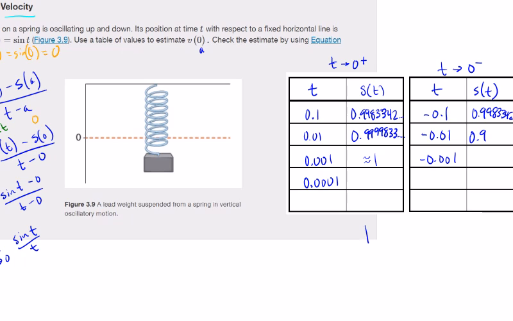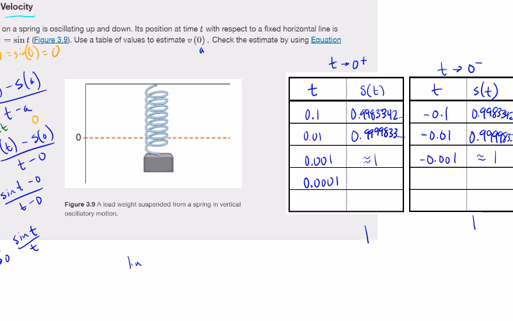So we get 0.9999833. All right, so what do you think this one will be? And you got it, yeah, so close to 1, our calculator can't differentiate. And so that's approaching 1 from either side, which means that it's approaching 1, right?